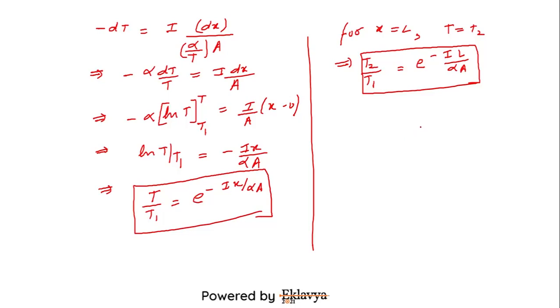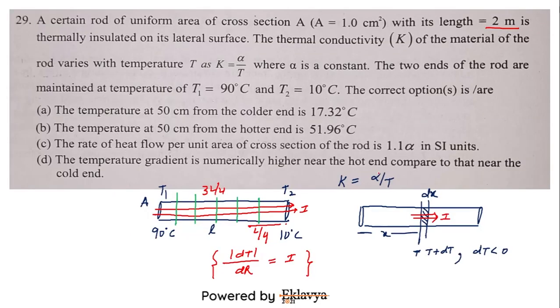So I think we'll first have to figure out the value of current. So ln 9 is equal to, actually it will become, minus ln 9 is equal to minus IL by alpha A. Have we been given the value of alpha?